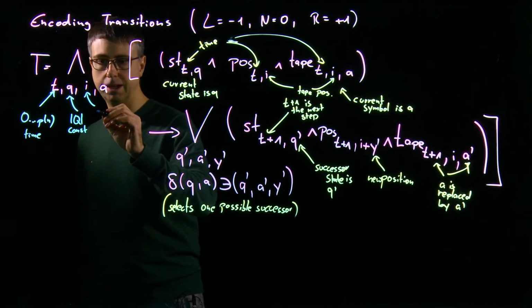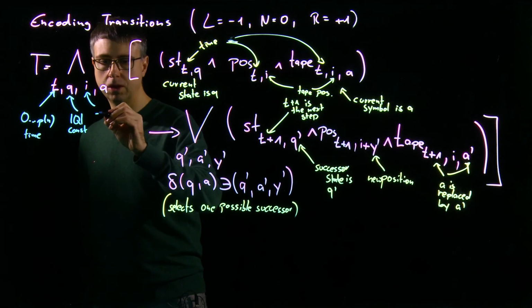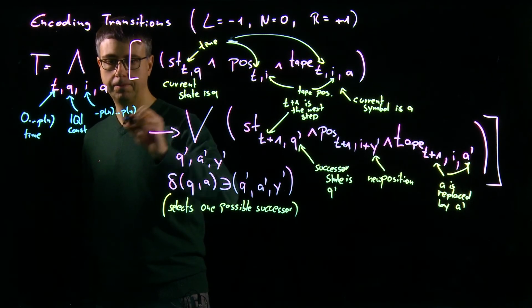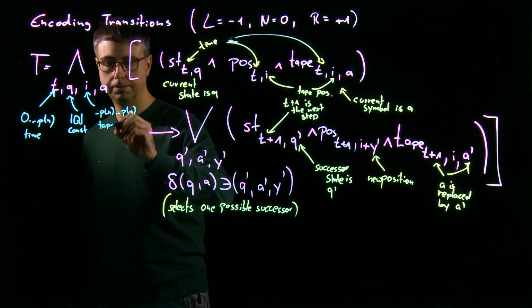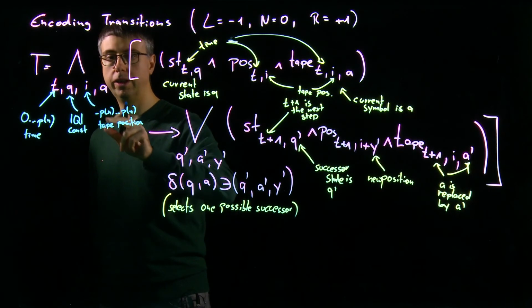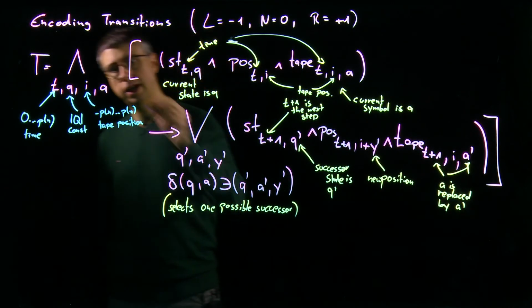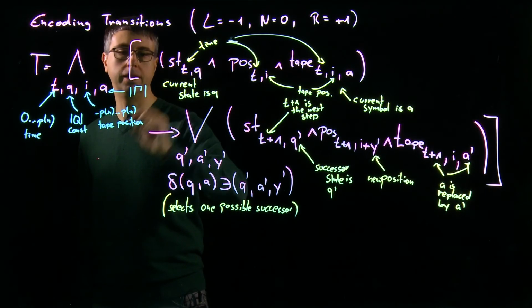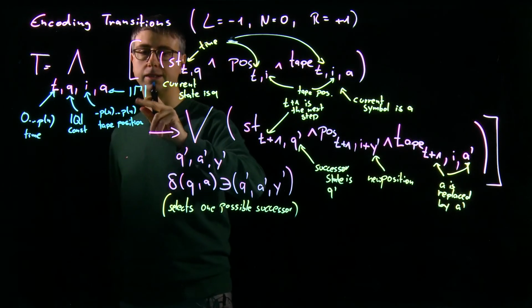This is tape position. The tape position goes from minus p of n to plus p of n. So this one depends on the input. It's not constant. And this one depends on the size of the tape alphabet, which is the size of gamma.